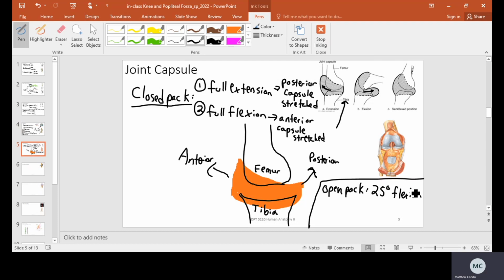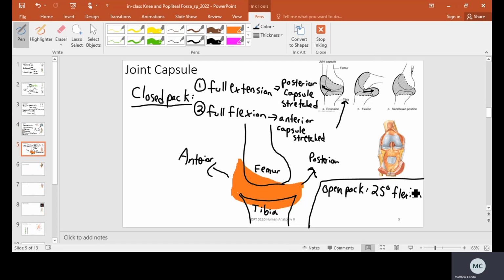To put the capsule on slack. Because I can yank on that ACL and I can yank on that PCL until the cows come home in full extension, and all I'm doing at that point is testing the capsule. I'm not testing the actual ligament. In order to test the actual ligament, I need to place the knee in about 25 degrees of flexion.